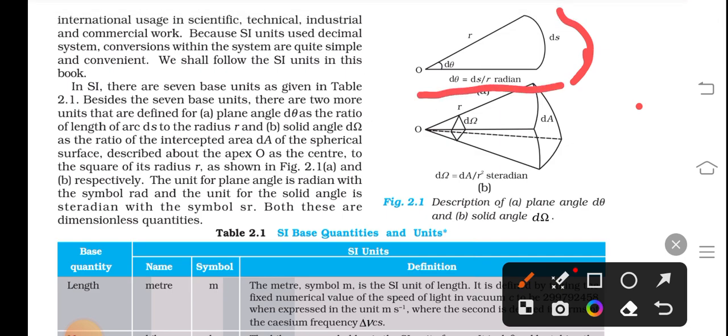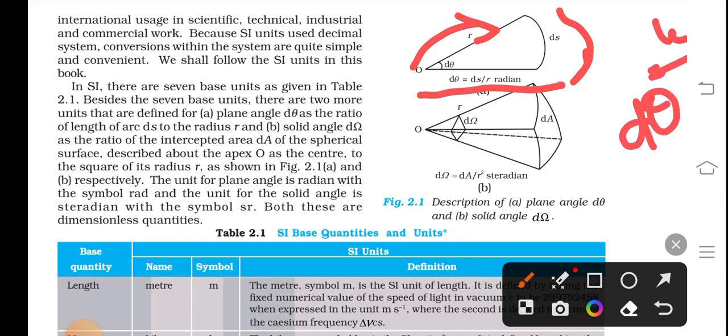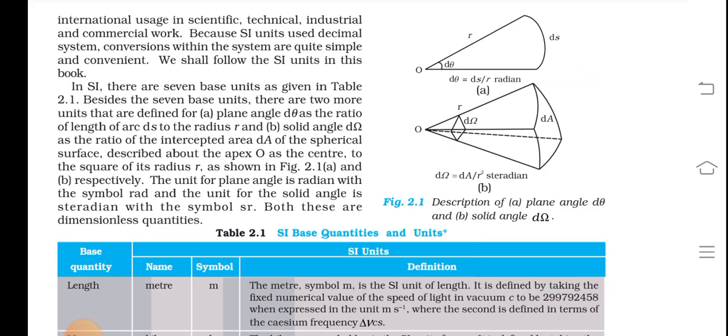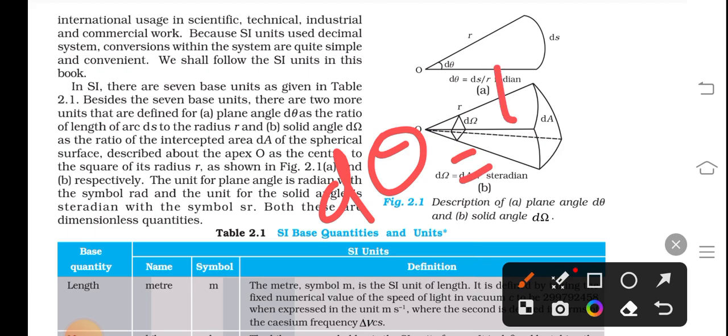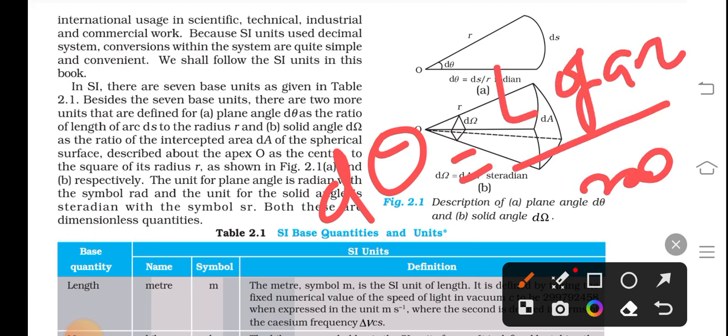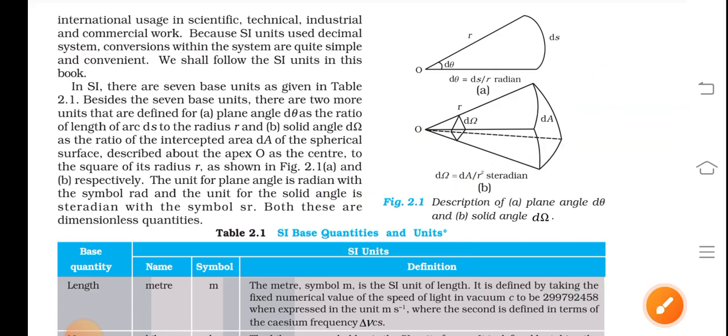This is the arc, and this is the radius. So theta is equal to length of arc by radius. I think you people get this point.